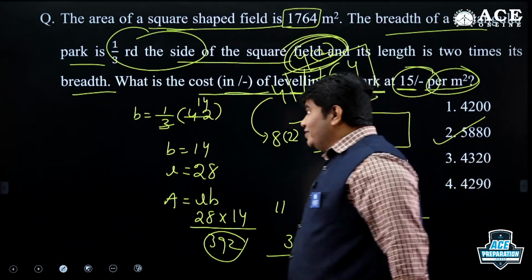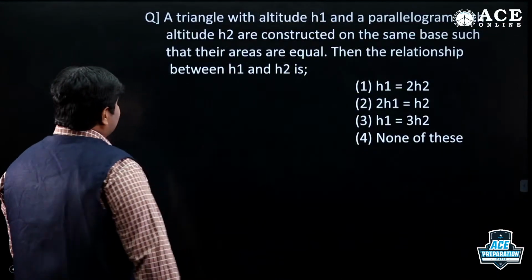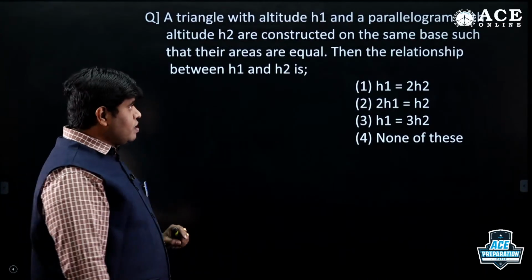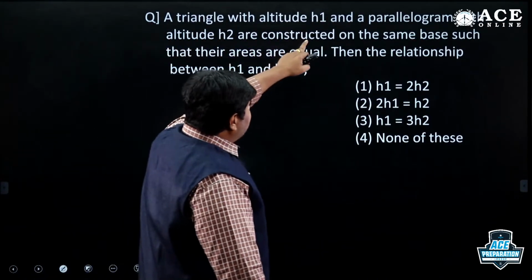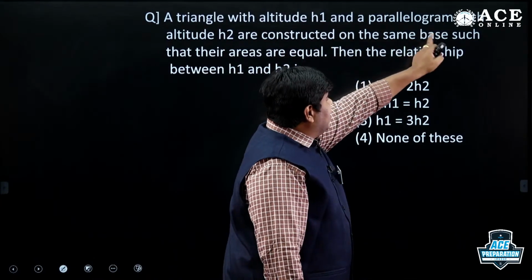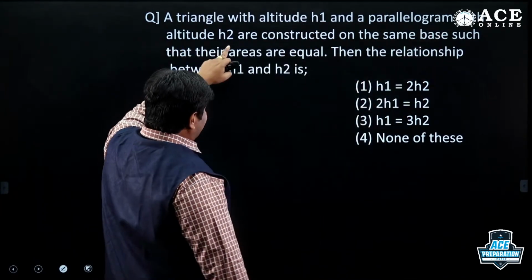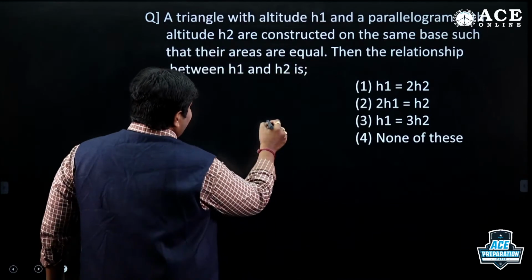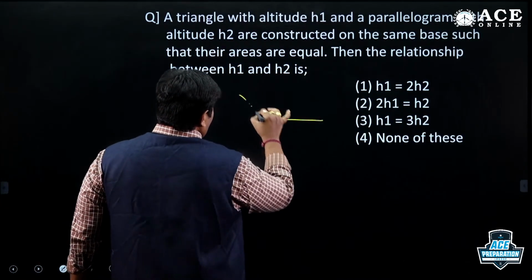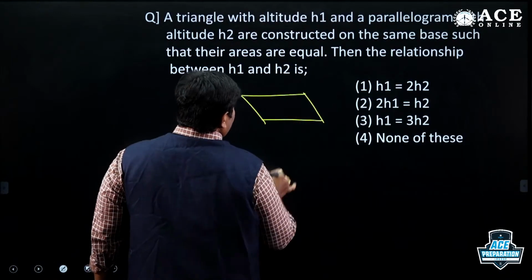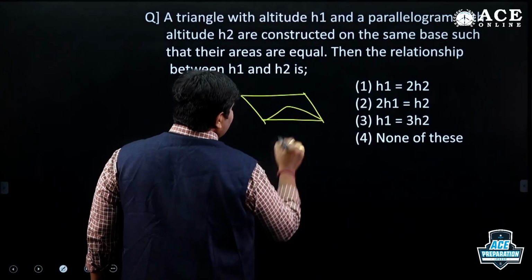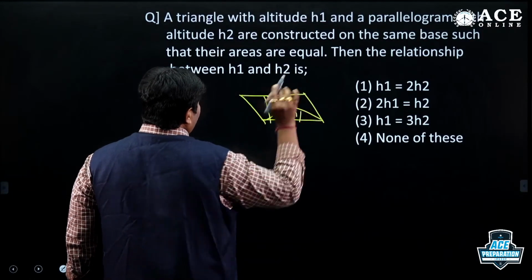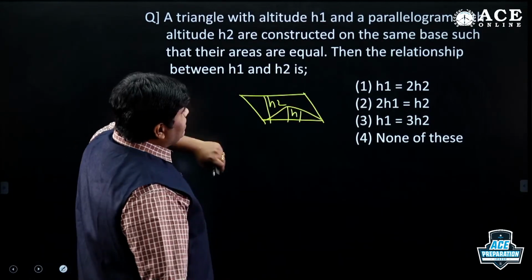Okay, next, 4th point. A triangle with altitude h1 and a parallelogram with altitude h2 are constructed on the same base. So this is the base, the parallelogram, and there is one triangle on the same base. Triangle height h1, parallelogram height h2. Then what is the condition?